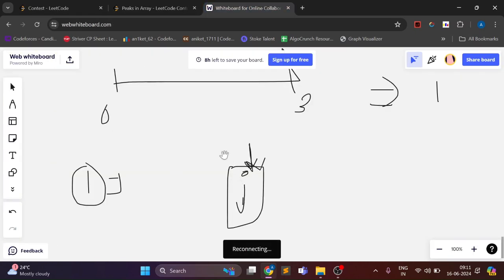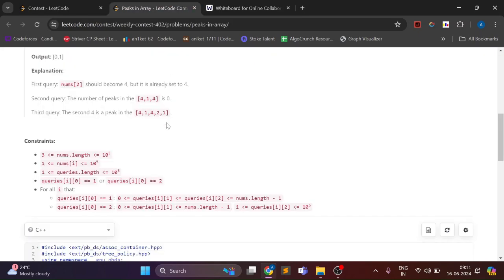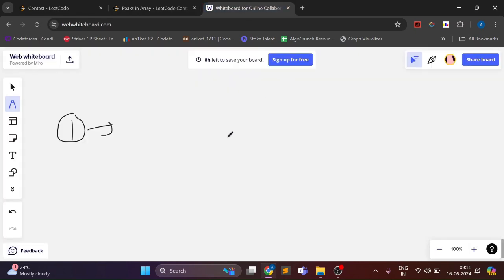So let's start with the first observation, which is regarding how to maintain this update. You don't need to maintain everything, but find how many elements are affected by changing the value at index j.